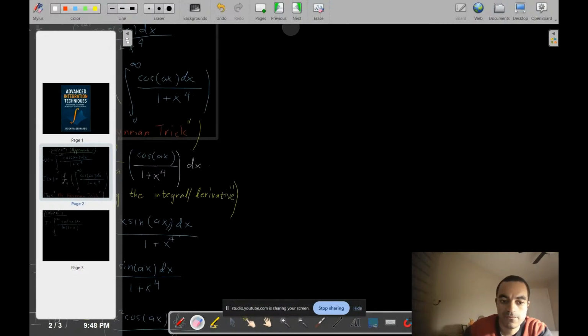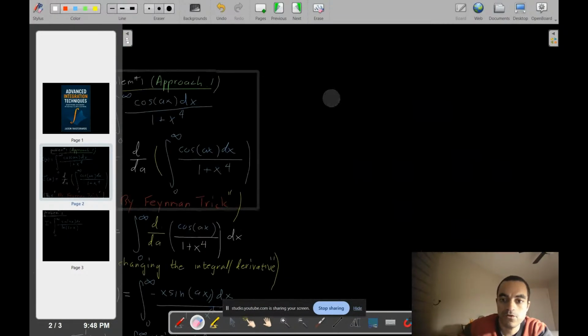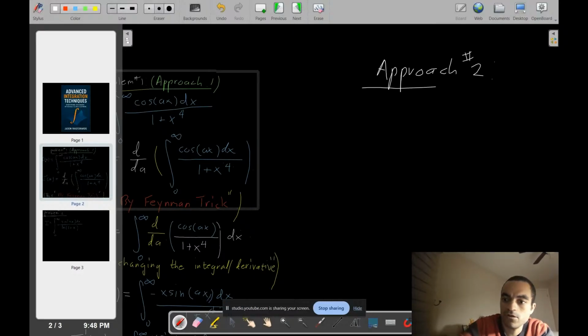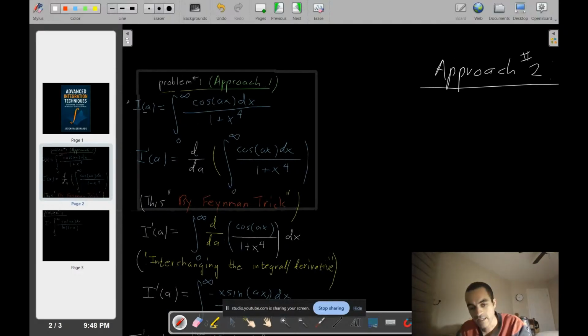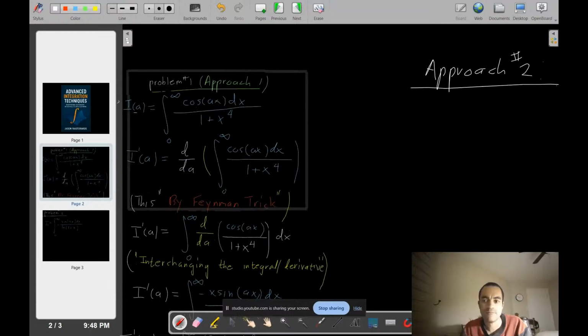Okay, so approach number 2, we're going to do something called contour integration. Again, if you're not understanding what I'm doing, go look at both YouTube lectures, one on the Feynman trick, one on contour integration, to understand the theory really well, and then come back to solving this.